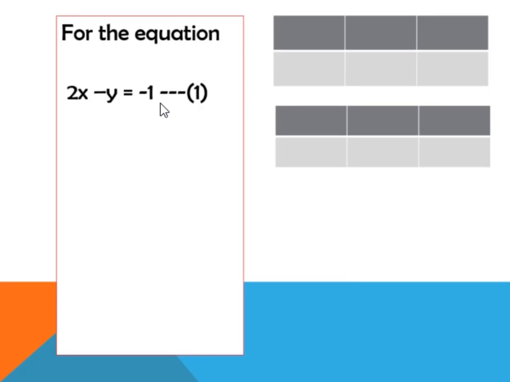Using addition property of equality, yung negative 1 ililipat sa kaliwa ng equal sign, magiging positive 1. At yung negative y ililipat natin sa kanan ng equal sign, magiging positive y. So, this will become 2x plus 1 is equal to y.